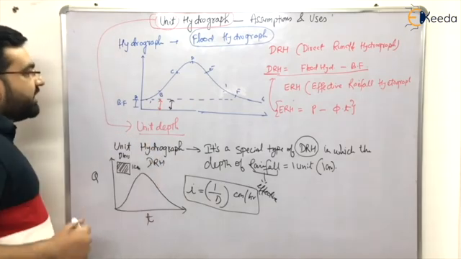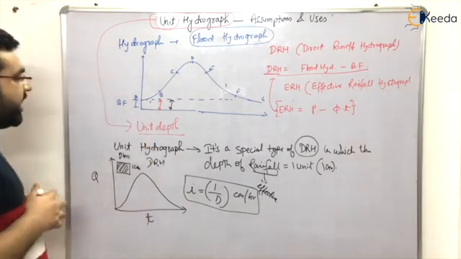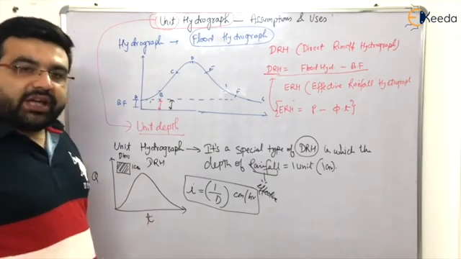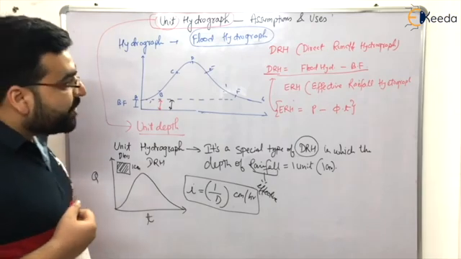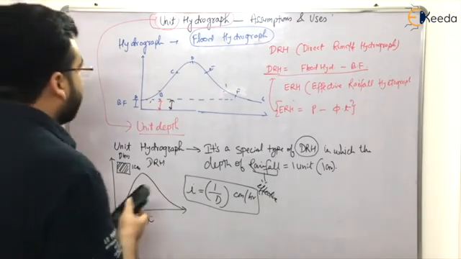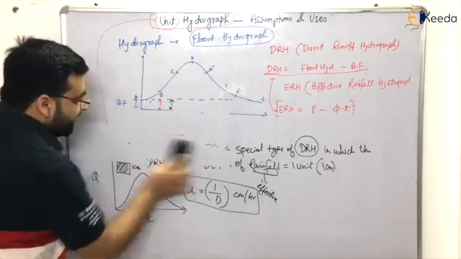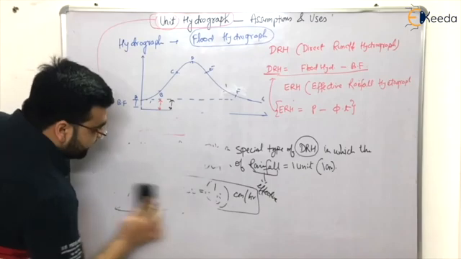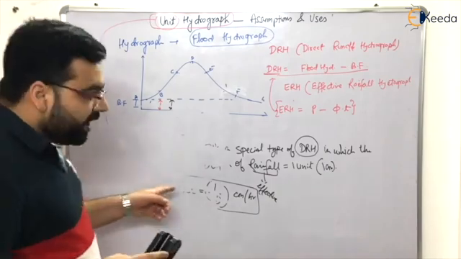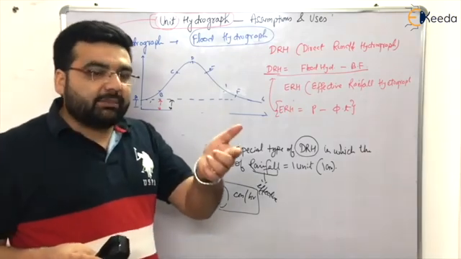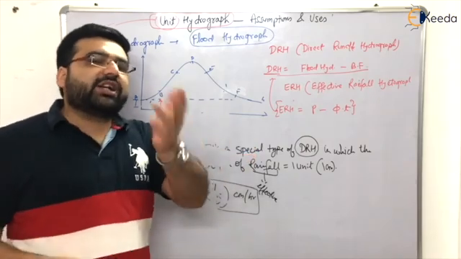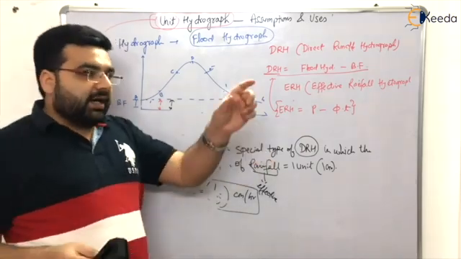Now, before understanding the unit hydrograph in depth, let us first understand that there are some assumptions in the unit hydrograph, and those assumptions are very important. Now if the depth of the rainfall is 1 centimeter, because it is obviously a unit hydrograph, and the time of the rainfall is also given to you, you can determine the intensity, because that is equal to the depth upon time.